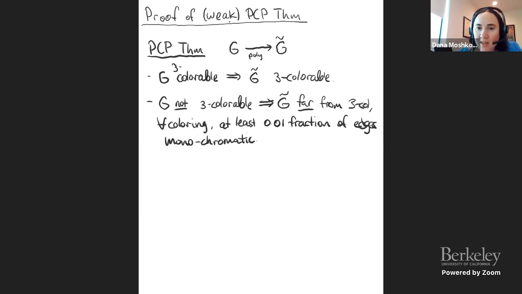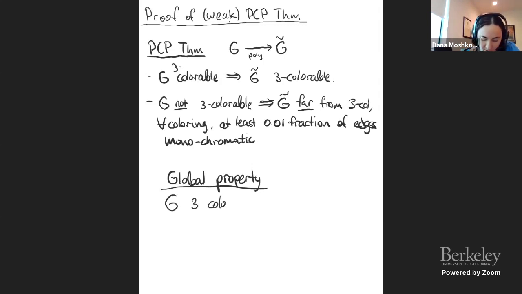Okay. So this is this amazing theorem. More generally, what's happening here is that we have a global property. And the global property here is that G is three-colorable. This is a property where, given a coloring, you have to go and check everything.